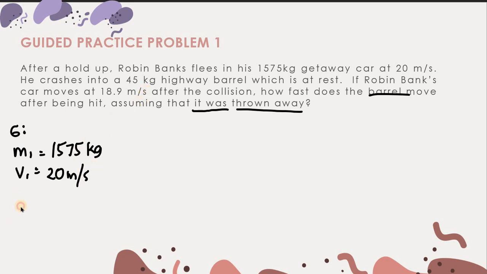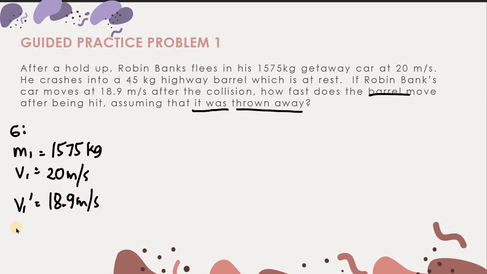After the collision, it moves at 18.9 meter per second, so we have V1 prime equal to 18.9 meter per second.